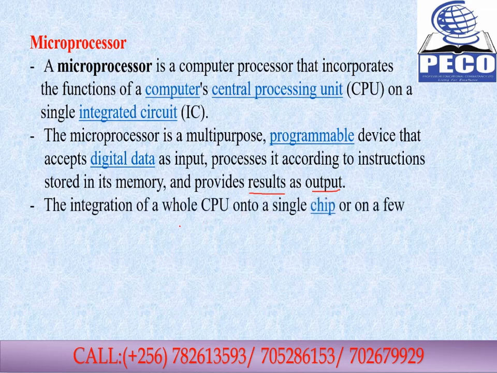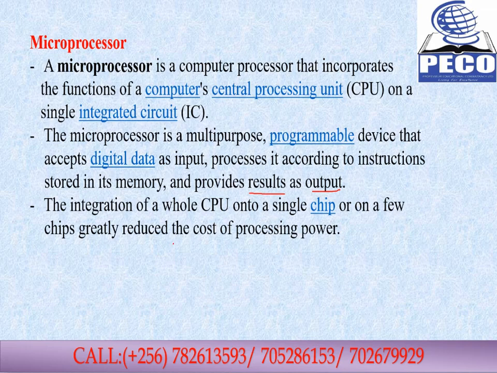The integration of a whole CPU onto a single chip or on a few chips generally reduced the cost of processing power, making the processor a single chip. It reduces the cost of processing power because you don't need to purchase several other items. They combined it together to make it a microprocessor.